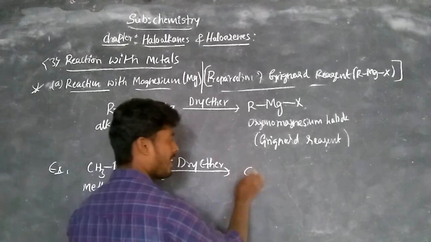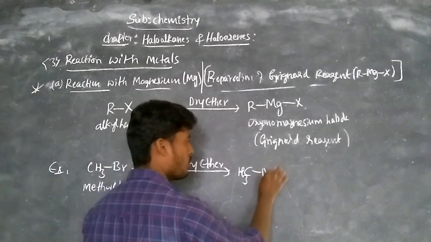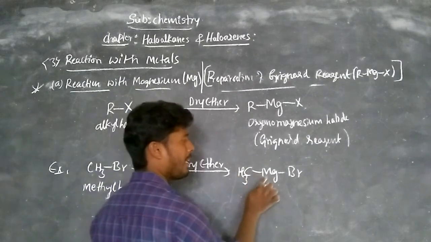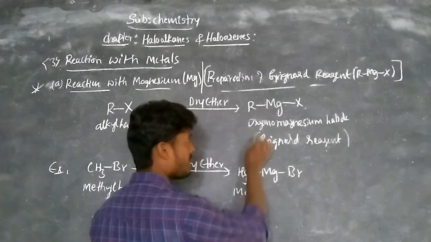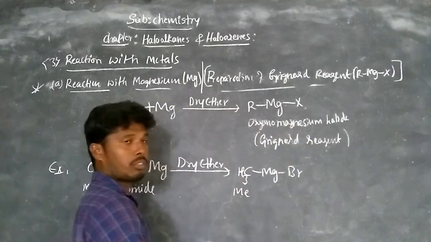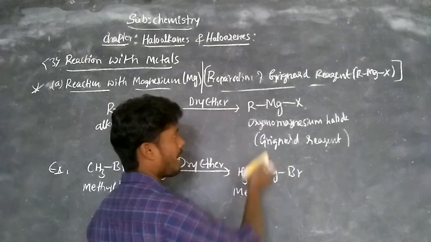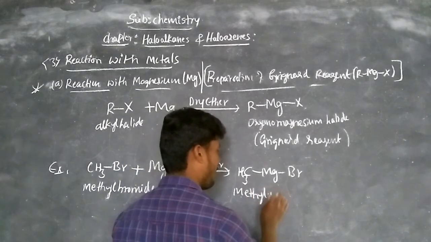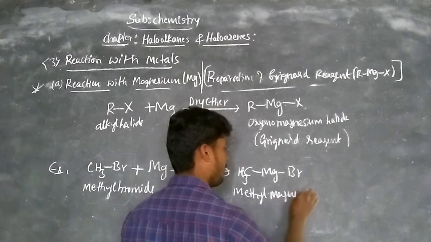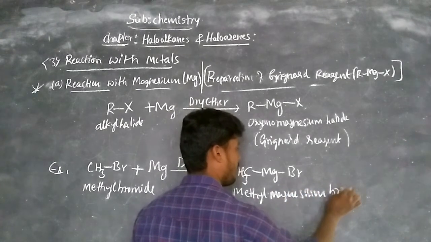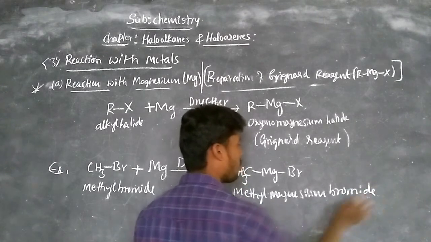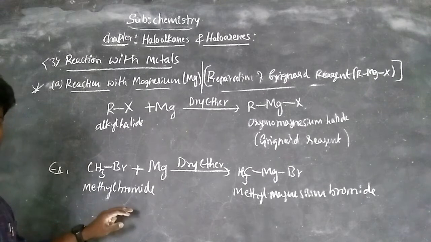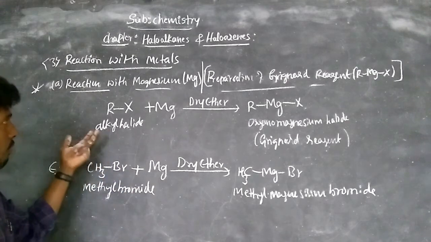So you get CH3-Mg-Br. The name is methyl magnesium bromide, that is an alkyl magnesium bromide. The alkyl magnesium halide is also called an organomagnesium halide. Methyl magnesium bromide is also called Grignard reagent.